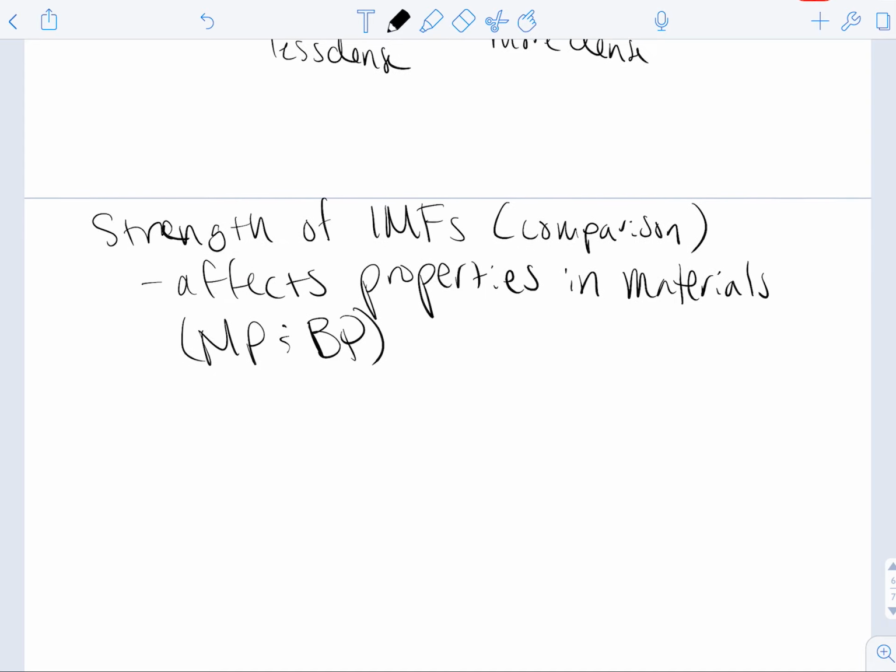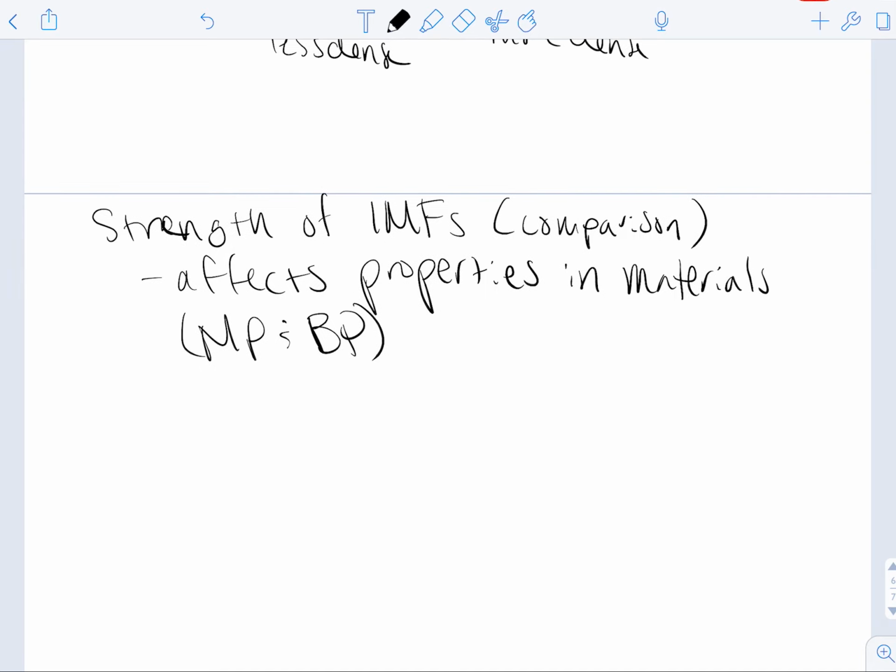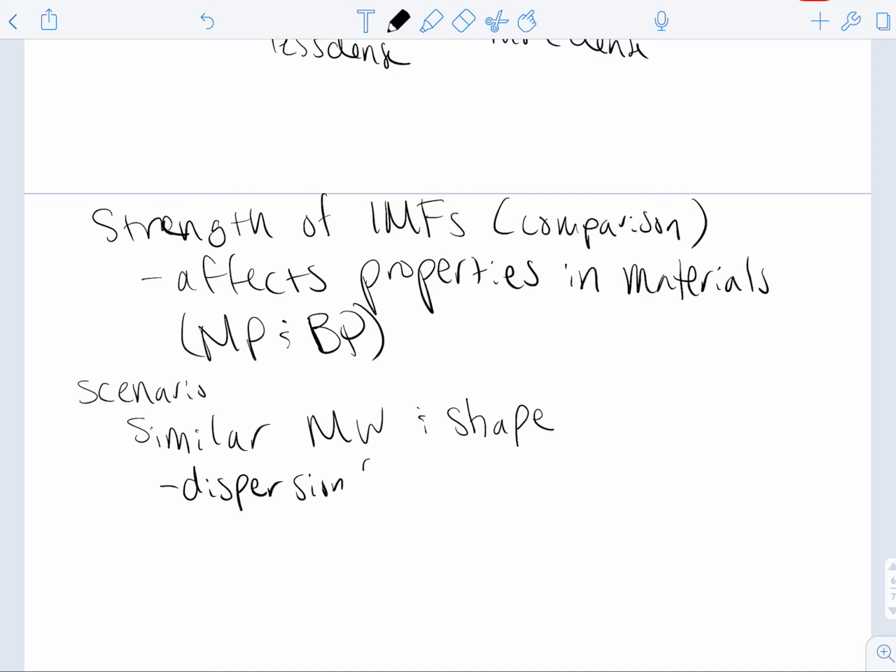But we want to look at kind of two scenarios. If we have similar molecular weight and shape, then our dispersion forces are going to be roughly similar. Okay, so if those dispersion forces are similar, then the thing that's going to have the greatest effect on our intermolecular forces is going to be our dipole-dipole interactions, or hydrogen bonding.